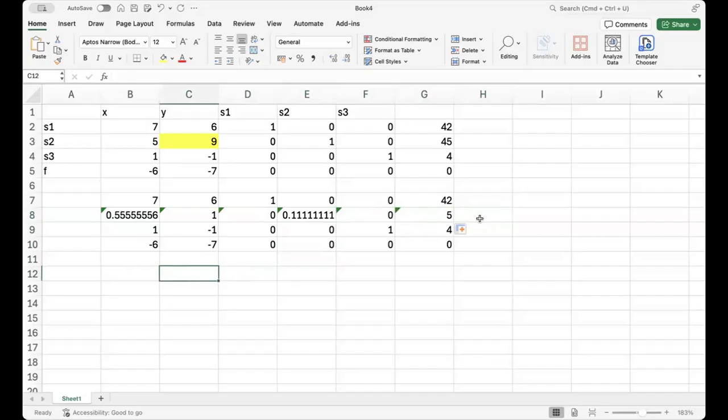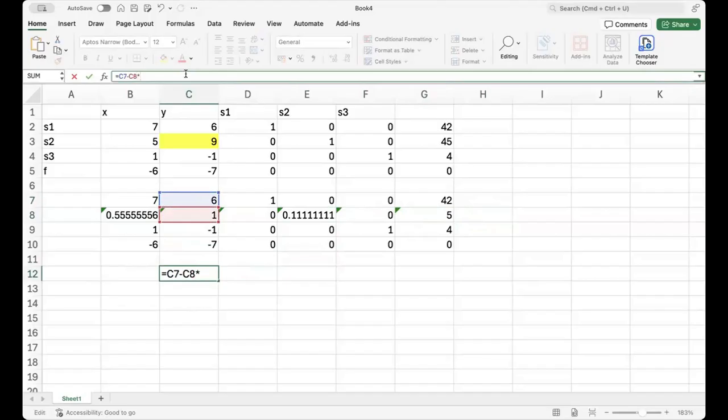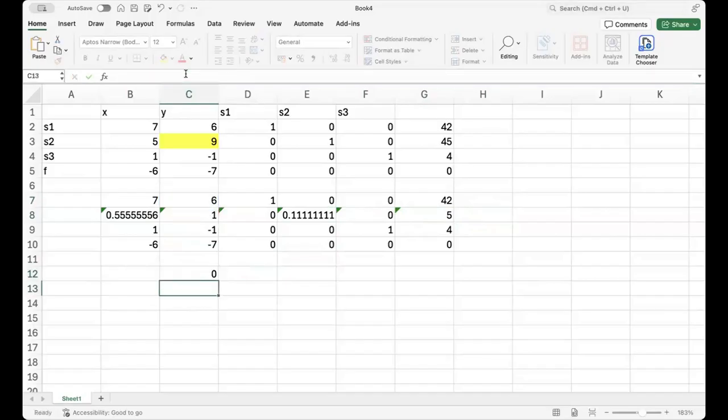And then in order to make this element to be 0, we subtract this one by this one times with this, right?